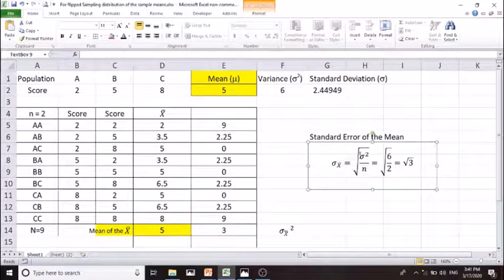Just like what we observed, the variance divided by the sample size is the variance of the sample means. And when we get the square root, we have the standard error of the mean, which is the square root of 3.